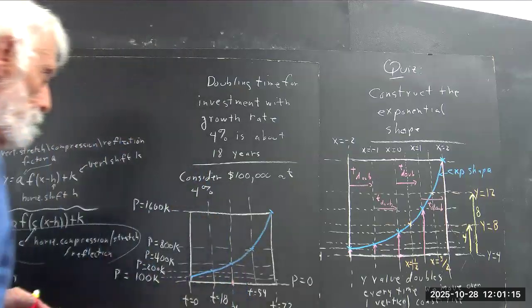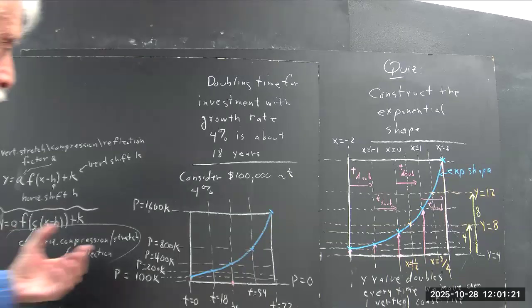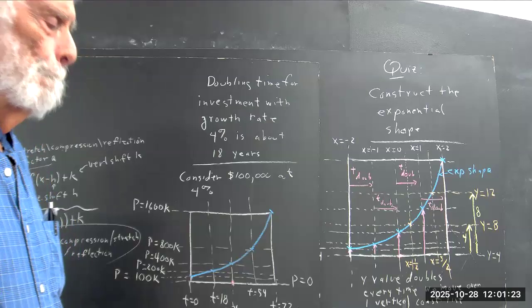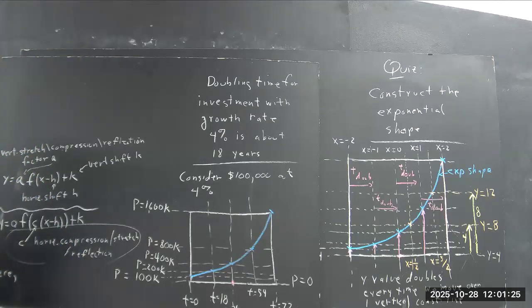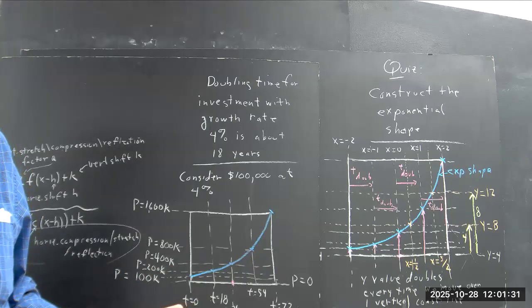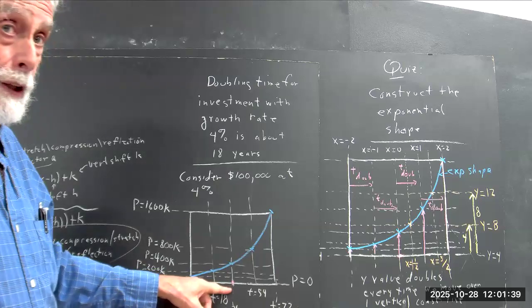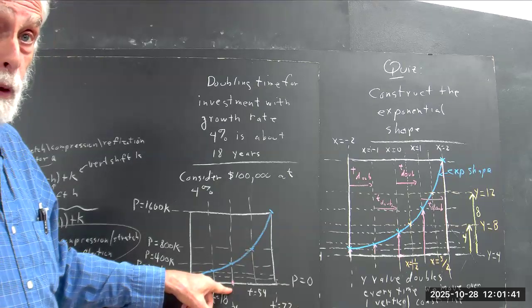So from the basic toolkit graph, can you tell me what the horizontal shift is? Well, on the base toolkit graph, the red dot is at the origin. It's at x equals 0 and y equals 0.